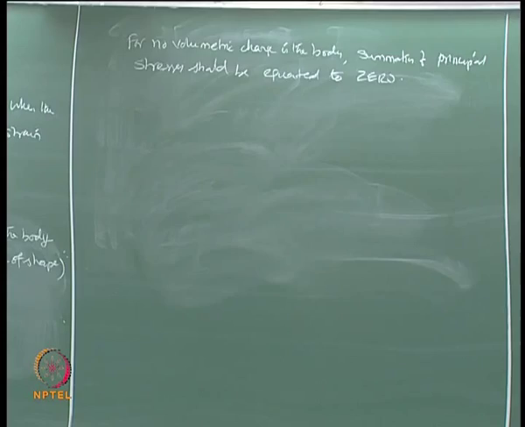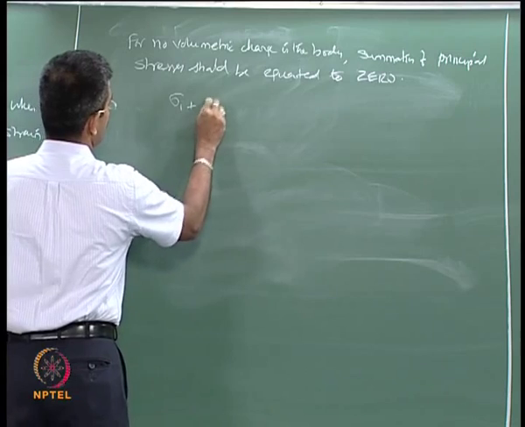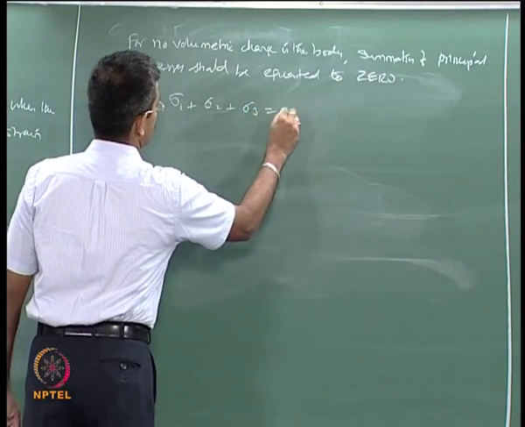Then you will get pure distortion. Let us say sigma 1 plus sigma 2 plus sigma 3 is set to 0.